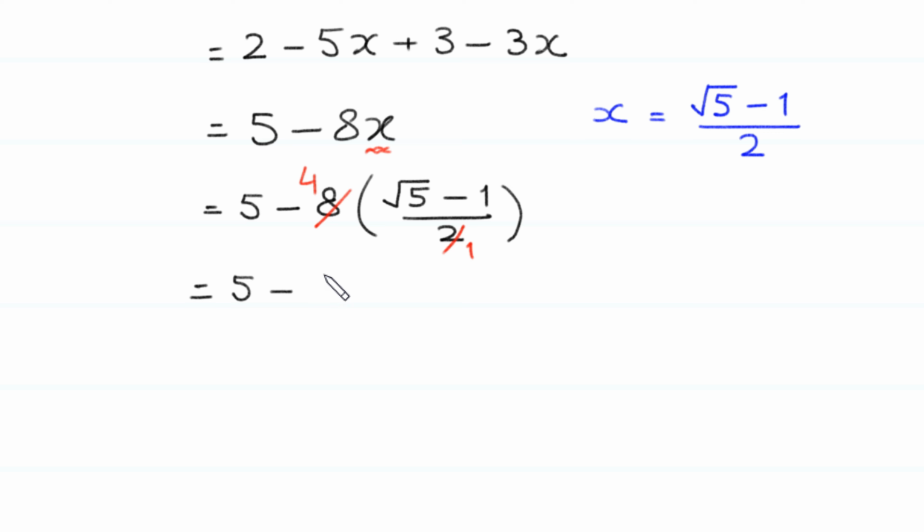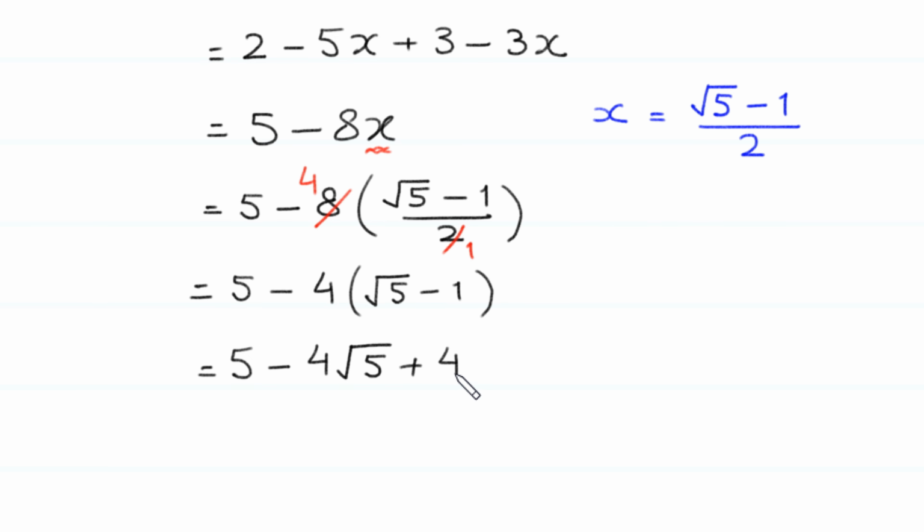So here left 4 times square root of 5 minus 1. Next 5 minus 4 times square root of 5, negative 4 times negative 1 plus 4, and this is equal to this 5 plus this 4, 9 minus 4 times square root of 5.